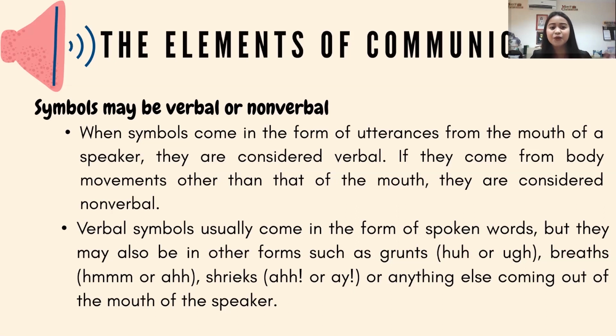So verbal symbols are the use of sounds and words to express yourself orally, okay? Now, when we talk of non-verbal communication, class, it refers to gestures or facial expressions, tone of voice, eye contact, body language, posture, and other ways people can communicate without using language.